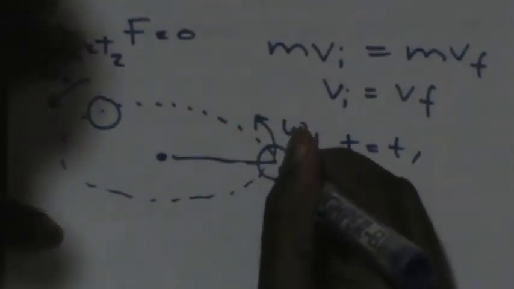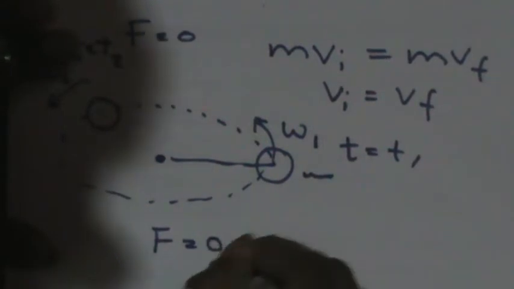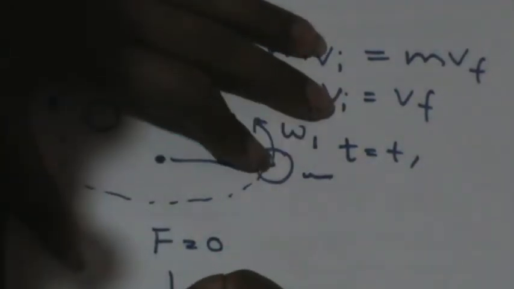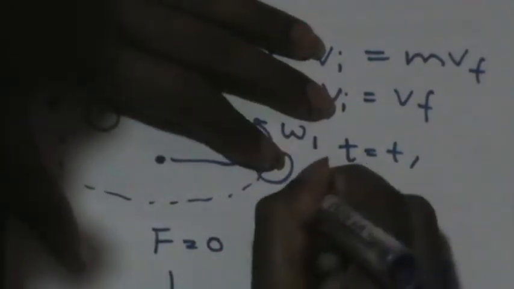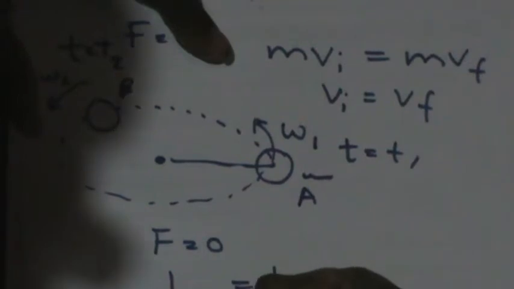So if the net force acting on this object is 0, then the angular momentum at position A and position B, LA is equal to the net force. I'll decide a special term for that. I'll say it as torque, which I will introduce shortly.